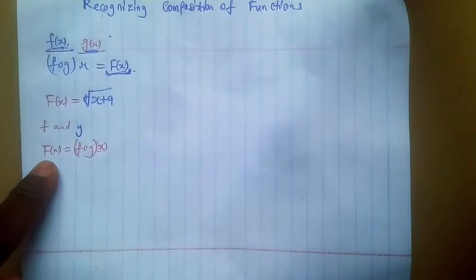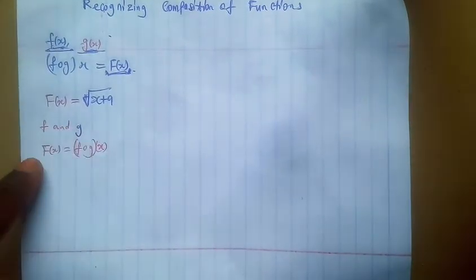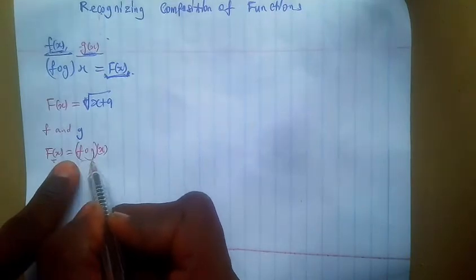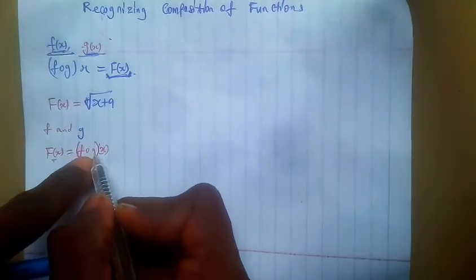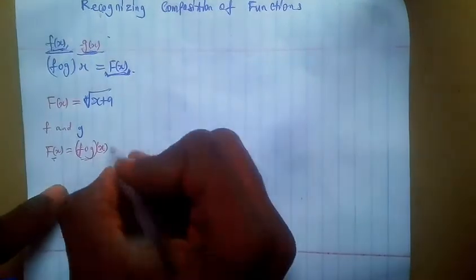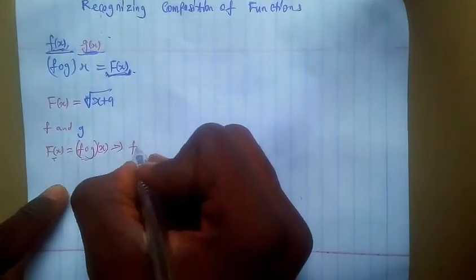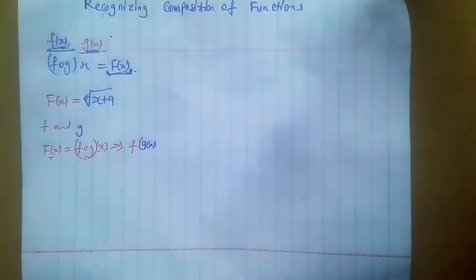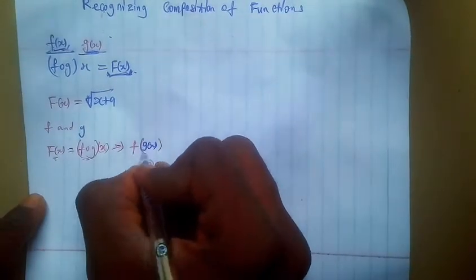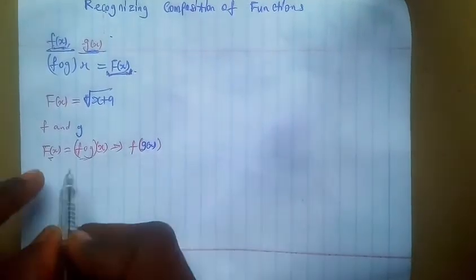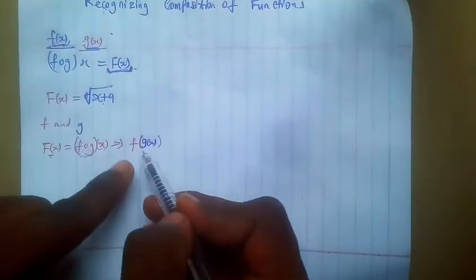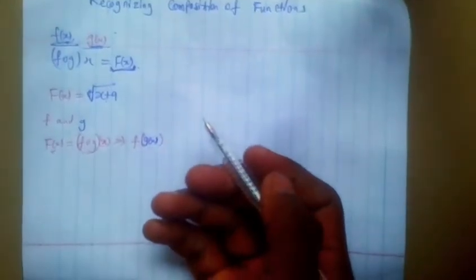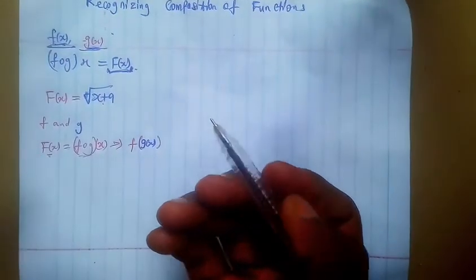So we should find f and g such that this compound function was produced by the composition of these two single functions, f of g of x. We are going to be decomposing this to get f and g, and then check it back, putting it back to see if we get the capital F, to be sure we are correct.